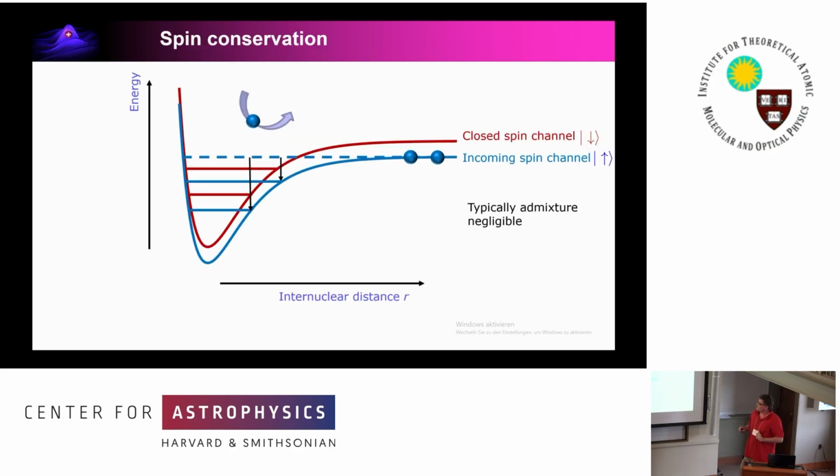So now, let's say what this means. Let's say we have here, again, this is the two-atom picture. We have the two atoms. They're prepared in a spin state, which I just call spin up. And it corresponds to the color blue. And so now they collide and come in to a certain distance. Now they get from the third atom the kick.